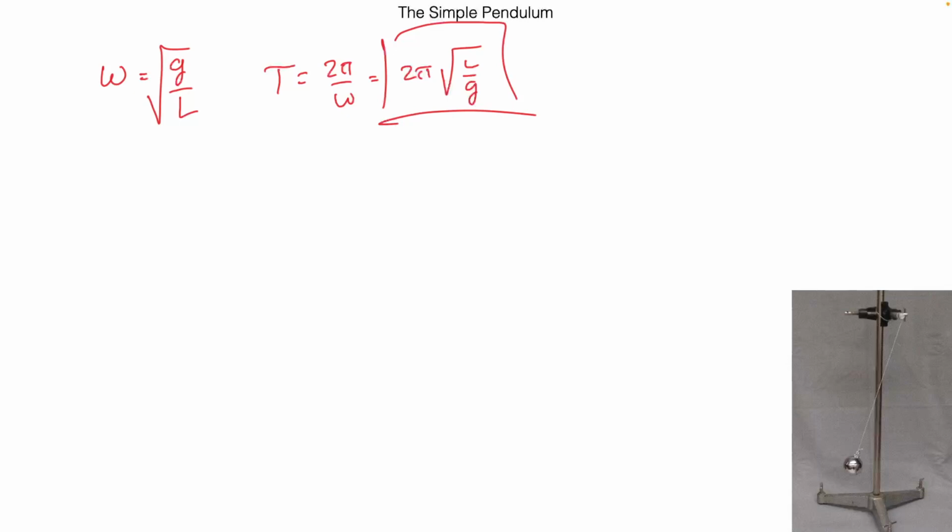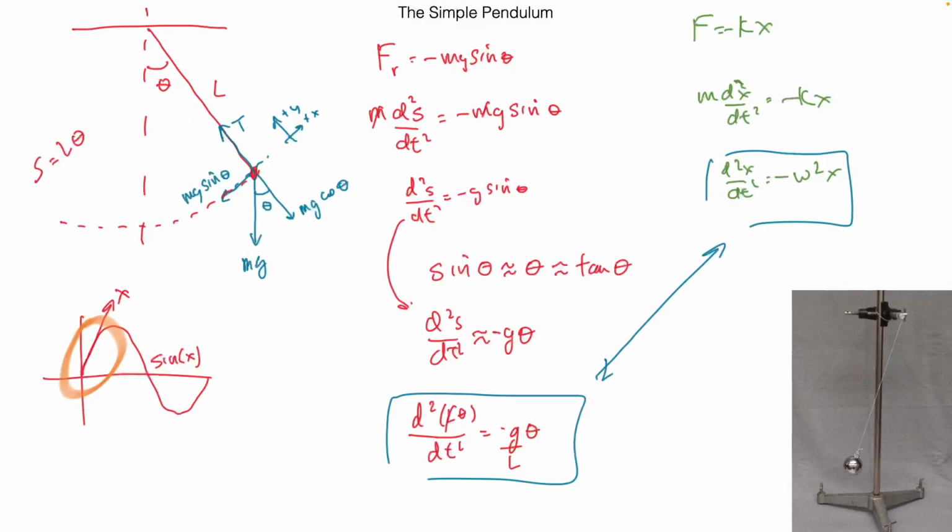Oftentimes in physics, what we'll do is not reinvent the toolbox. We'll try to get something to look like a spring, even though it doesn't look like a spring. We'll play these math games where it's not so much doing math as it is finding a way for it to match the differential equation that has already been solved by people much smarter who came before us.